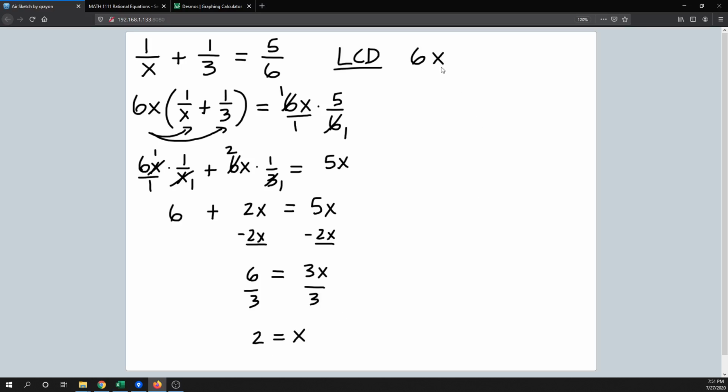So what can happen is that you multiply through by the LCD and you accidentally multiply through by 0 and you didn't even know it because it had a variable in it. So you have to be extremely careful about that. So that didn't happen in this case, right? In this case, when we look, the LCD was 6x.